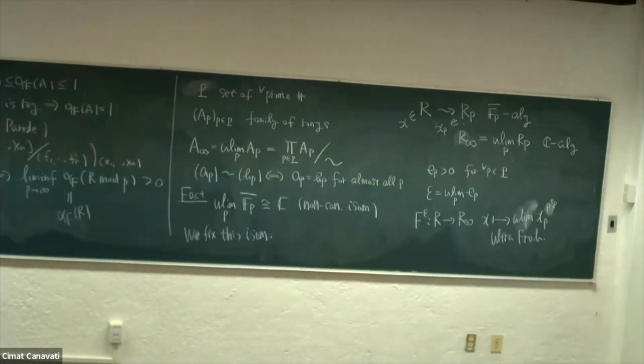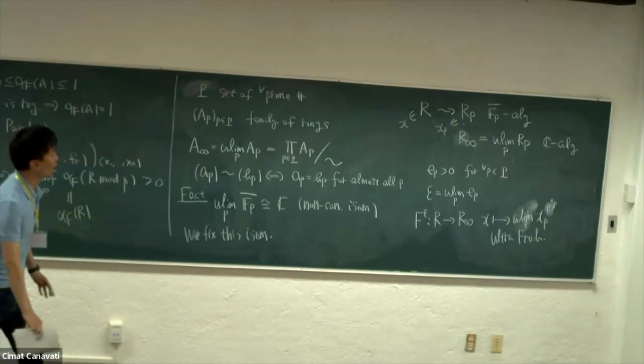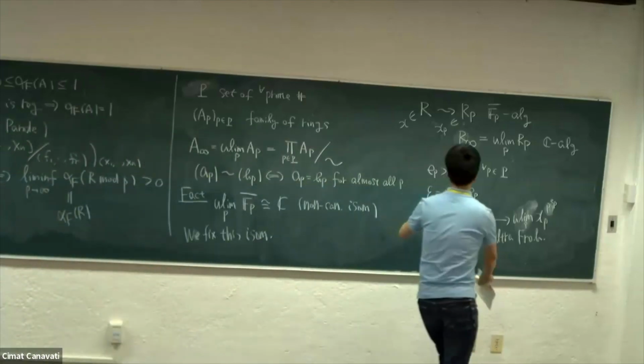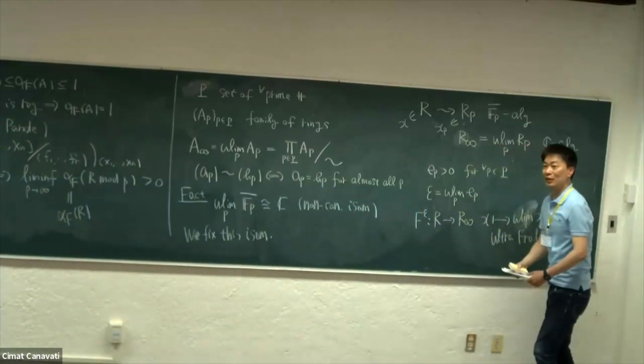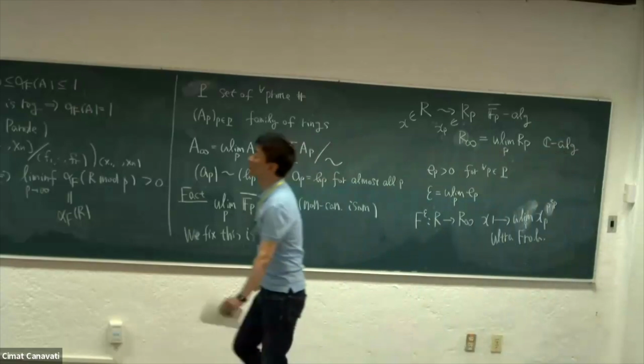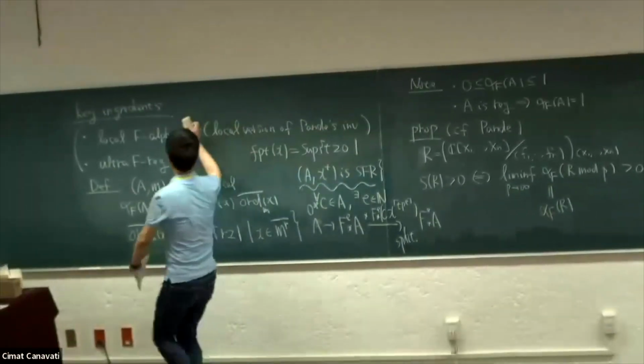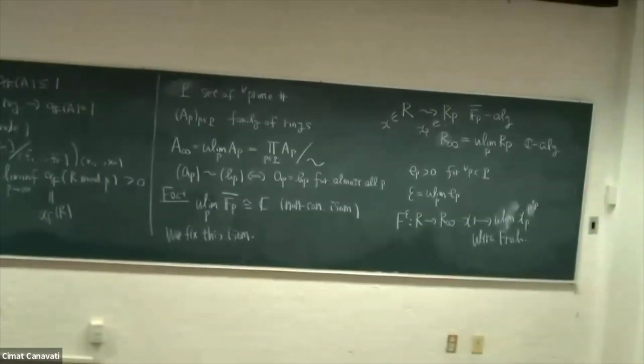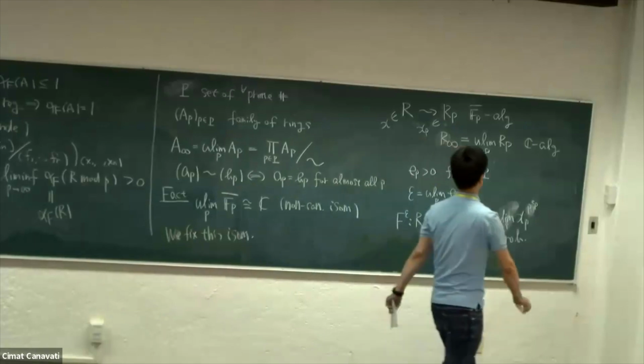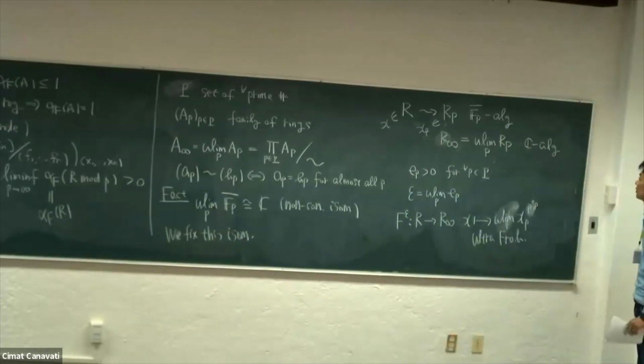Do we need to take different E sub P's, or can we just fix one E and call that F? You can choose whatever you want to, but for application, you need to do it for that application. Okay, that's what I was asking. What is the equivalence on that? Because these E sub P's are just numbers in F sub P, or, sorry, E sub P's are just in Z, right? Or in natural numbers. Natural numbers, yes. So what is the equivalence there?